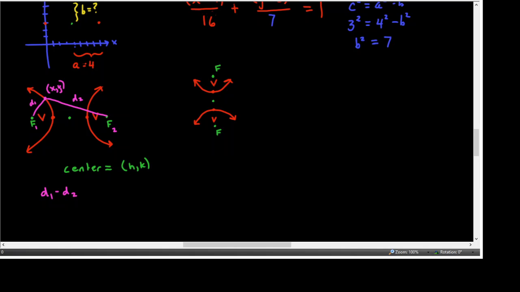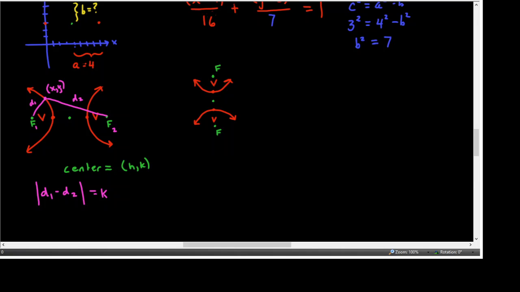So to make it a positive number, we take the absolute value of the difference between those two distances, and that will be a constant. That's the way that we can derive the formula for the equation of the hyperbolas.